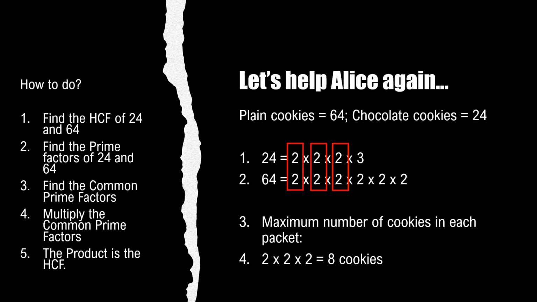So 2 multiplied by 2 multiplied by 2, which is 8, which is the HCF of 24 and 64. So 8 cookies are the maximum number of cookies we can put in each packet. So this is how we find the HCF of a number. Let us try giving this test and check our understanding.